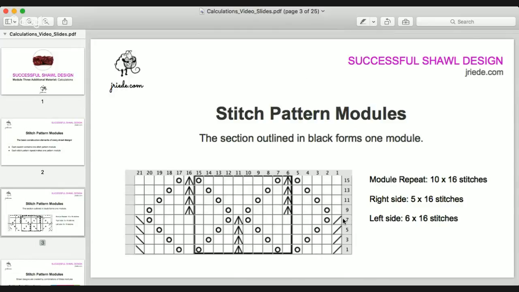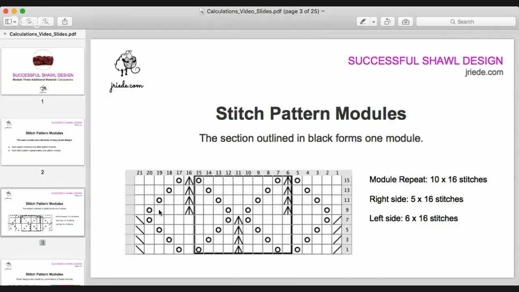Because on the edges there is no possibility to work additional yarn overs like here right after the repeat, we need a left side section and a right side section to compensate for this. This module repeat consists of 10 by 16 stitches. It's 10 stitches wide and 16 rows high.